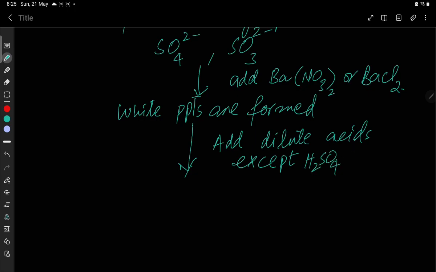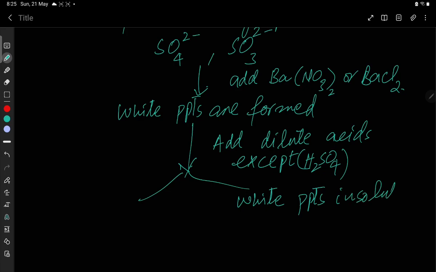You can add dilute hydrochloric acid or dilute nitric acid. Then if the white precipitate is insoluble, the solution contains sulfate ion.